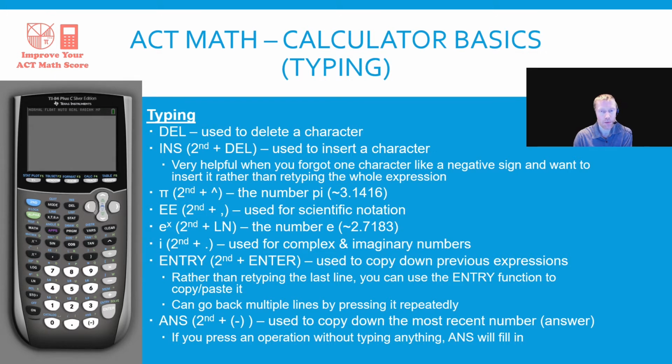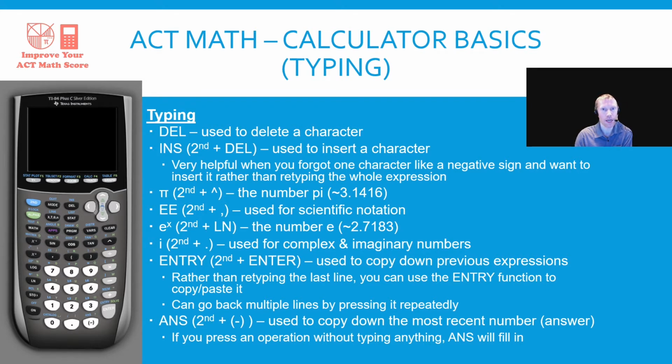This is extremely useful because if you're doing some type of multi-step calculation, you can use the number that was just calculated on the last line and not have to worry about retyping it or rounding it or typing out all the decimal places. It'll just take the exact full value and use it in the next operation for you.